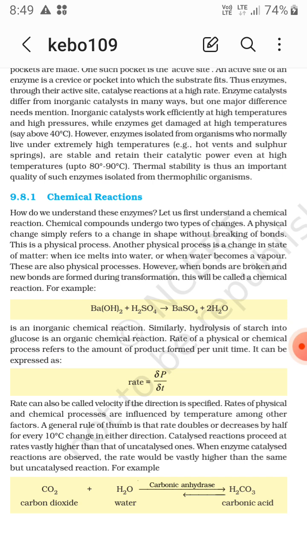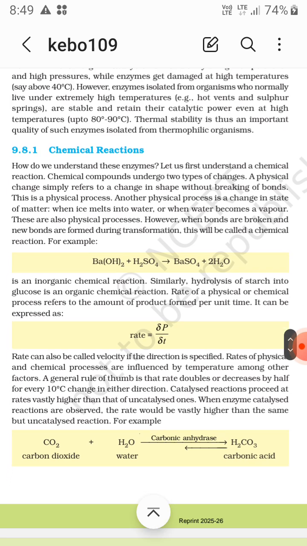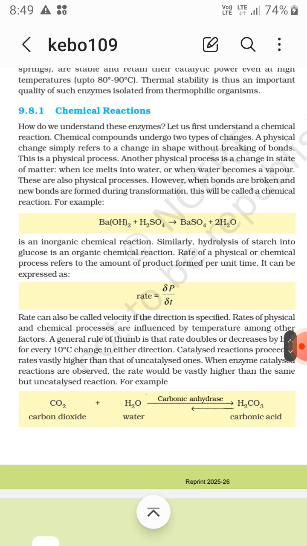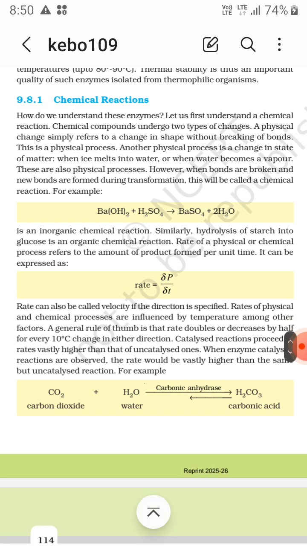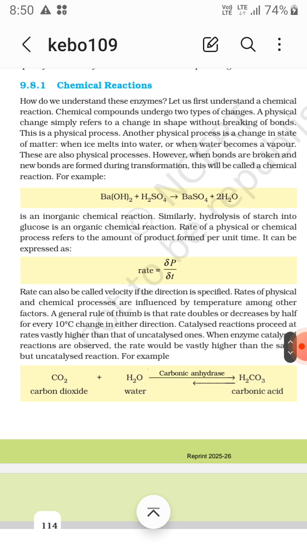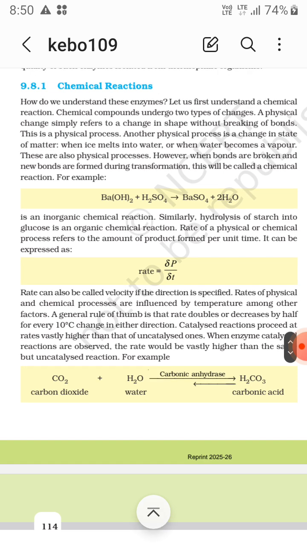And when chemical bonds are broken and new bonds are formed during transformation, this is called a chemical reaction, right? For example, Ba(OH)2 plus H2SO4 gives BaSO4 plus 2H2O, right? So this is an inorganic chemical reaction. Similarly, hydrolysis of starch into glucose is an organic chemical reaction.